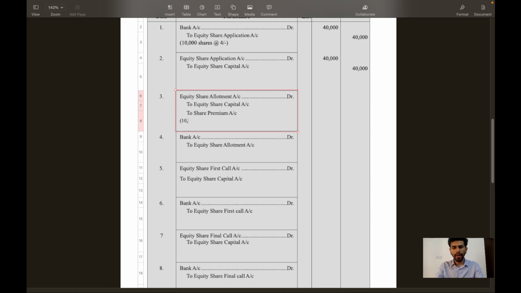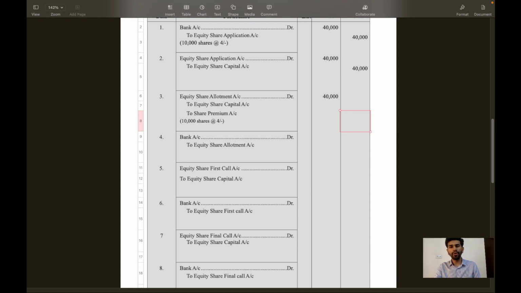So the amount will be 10,000 equity shares at the rate of 4 rupees each, 40,000 rupees is the amount of allotment money. 2 rupees will be transferred to the capital account and 2 rupees is premium per share.